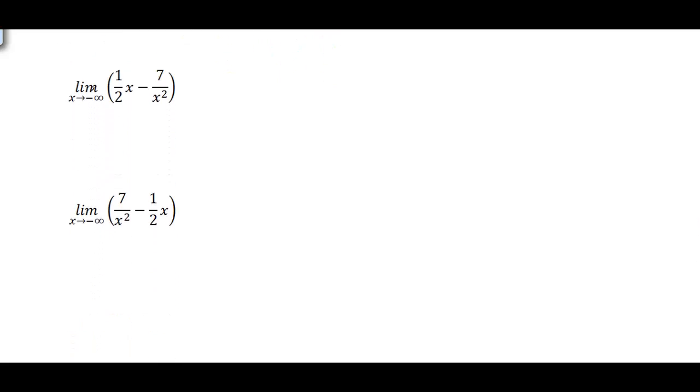As in the next example here, we have the limit of 1/2 x minus 7 over x squared. And once again, we're looking at the limit as x is approaching negative infinity. So now, because this is subtraction, we can think of this as two separate limit problems. So we could simply look at 1/2 x.